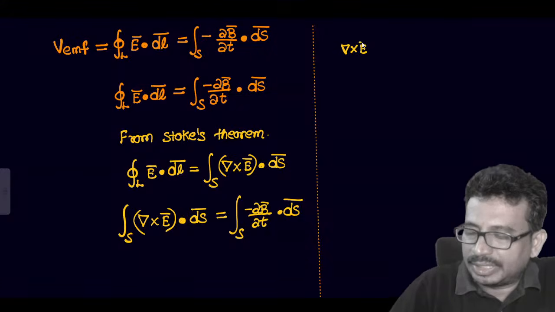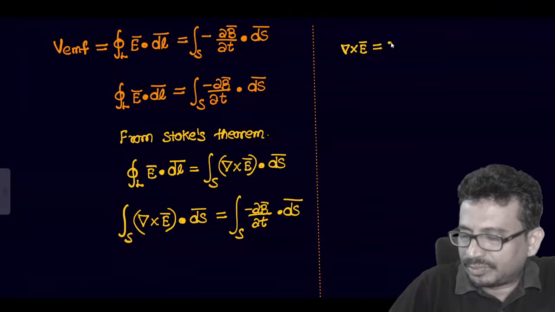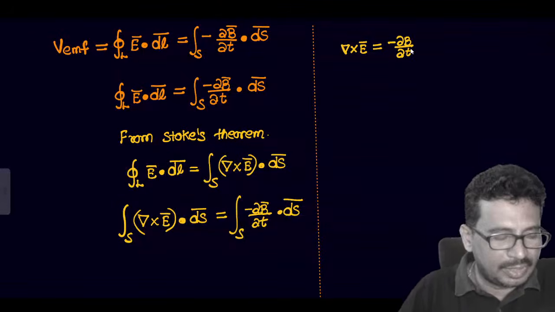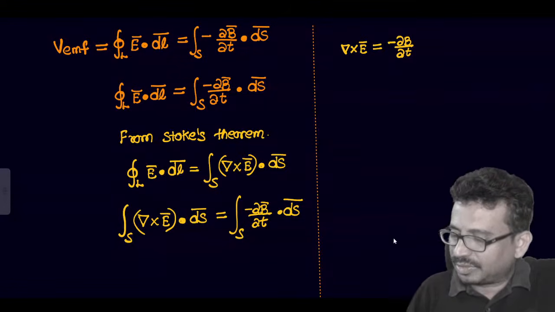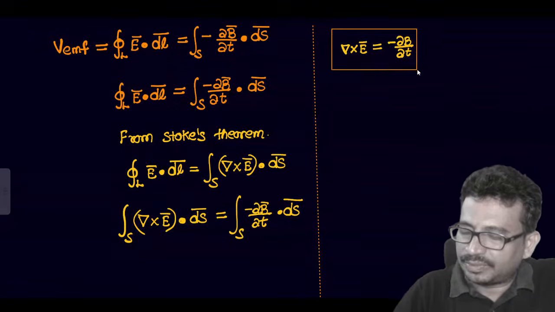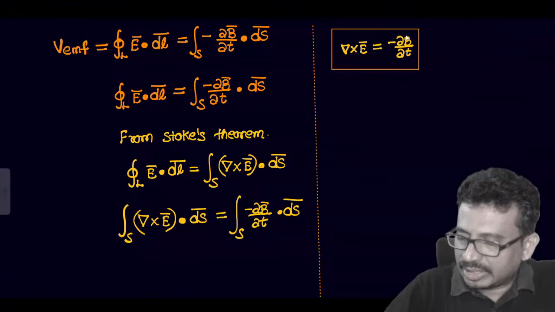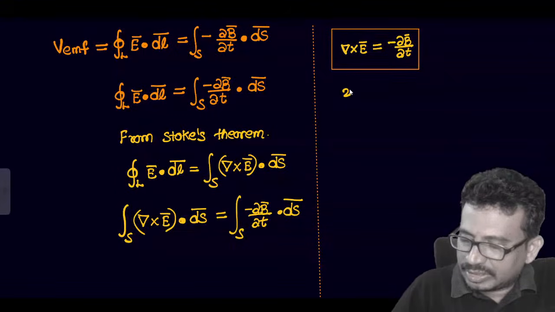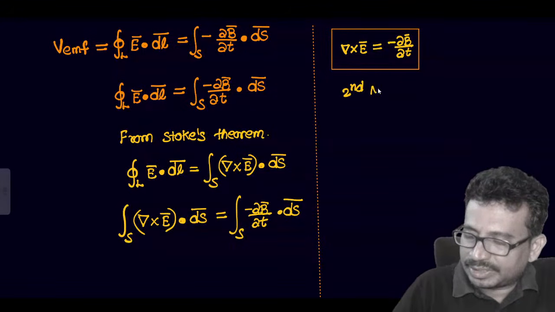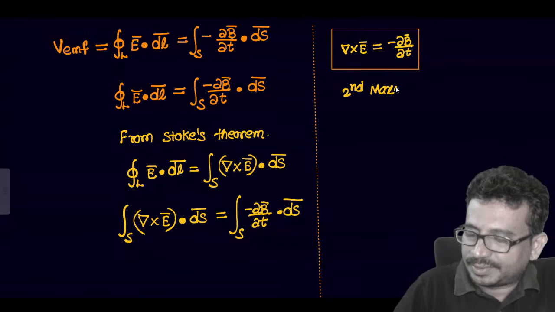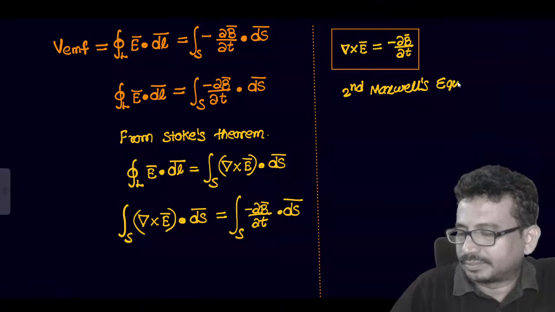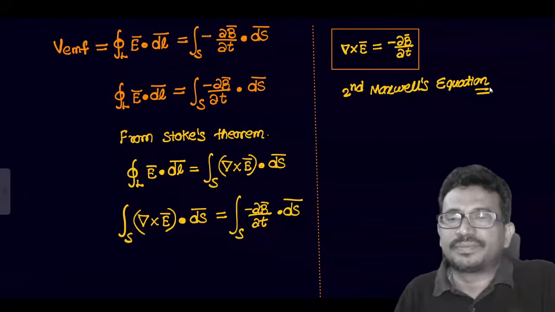Del cross E is equal to minus dou B by dou t. Del cross E equals minus dou B by dou t. This is the second Maxwell's equation.